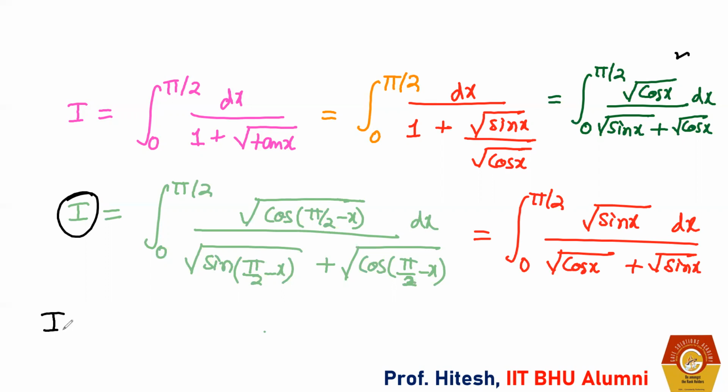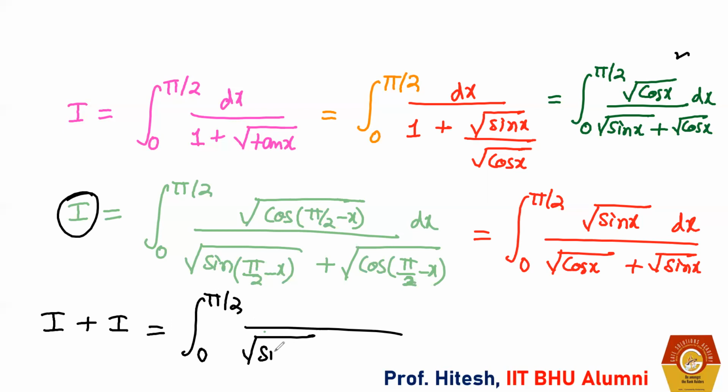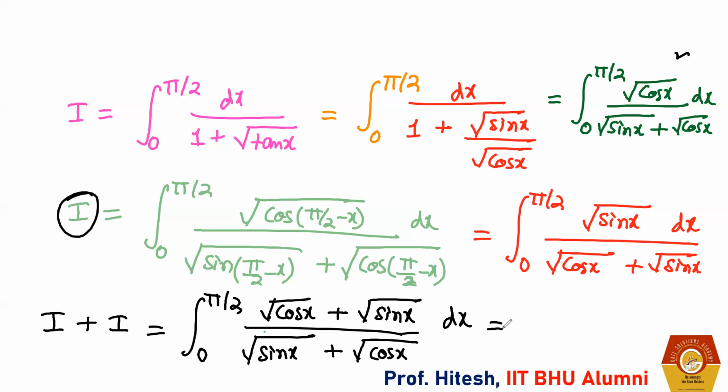So let me add this to I. So I plus I is equal to the integral from 0 to pi upon 2. The denominator is the same, that is under root sin x plus under root cos x. The numerators are, first one is under root cos x, second one is under root sin x, and dx. So it is 1, cancel out.